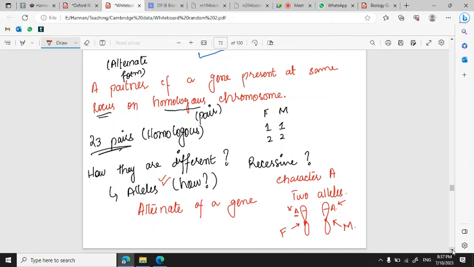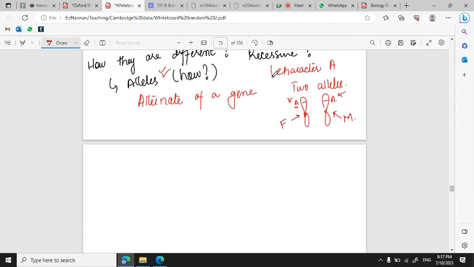Now, if I have a character A, and for that character I was provided with two alleles A and A, it means they are the same, there is no difference.